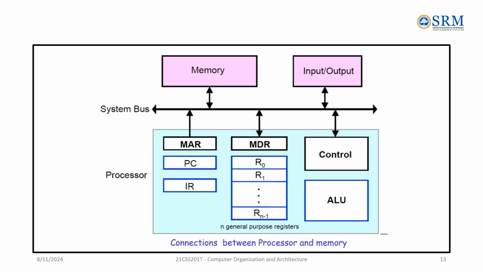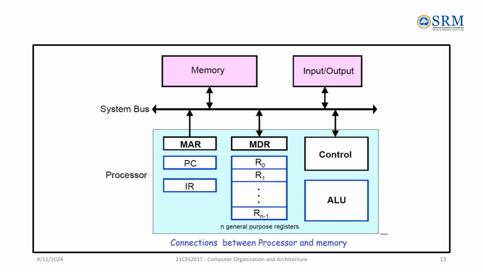This is a simple diagram which shows the connection of a processor. According to this diagram, the processor has MAR, MDR, program counter PC, instruction register IR, R0 to Rn-1 general purpose registers, control unit, and the ALU.